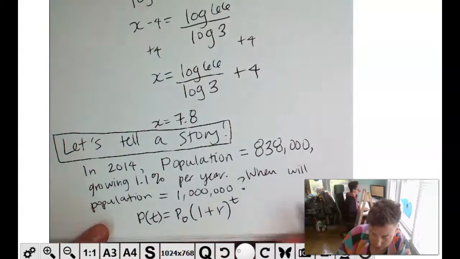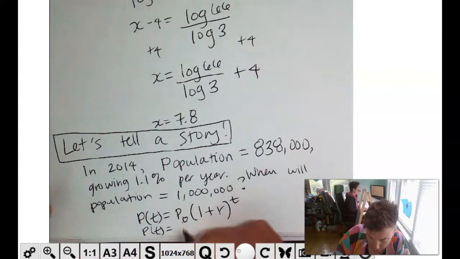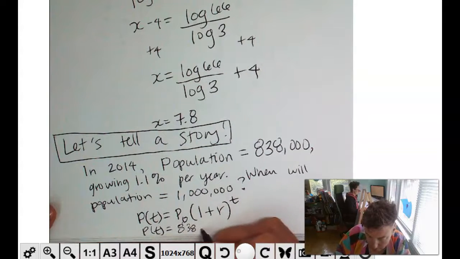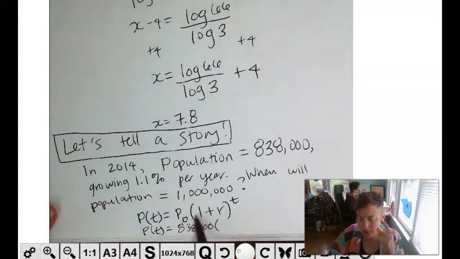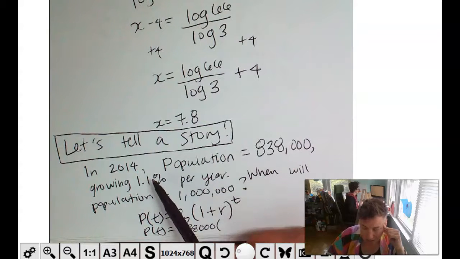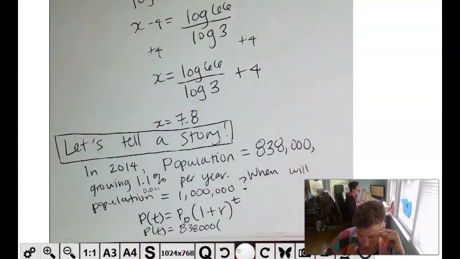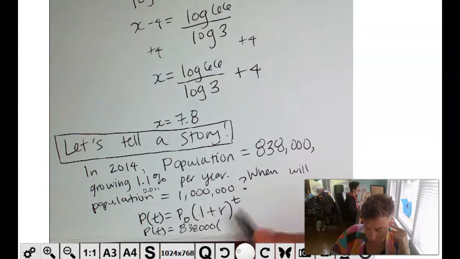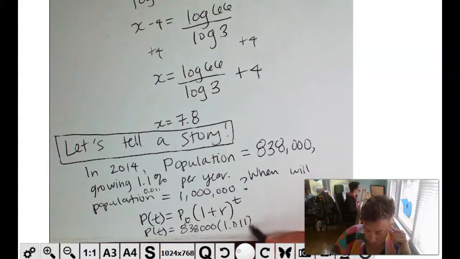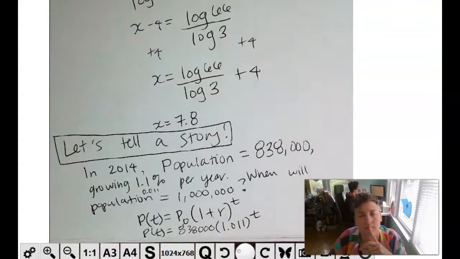So the population at some time t is equal to the initial population, 838,000, times 1 plus our rate. 1.1% is really 0.011. So 1 plus 0.011 is 1.011 to the t. There's our equation.